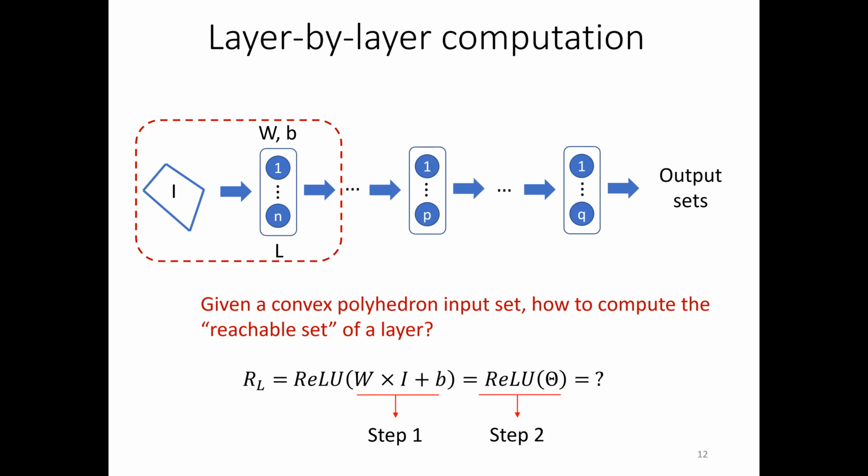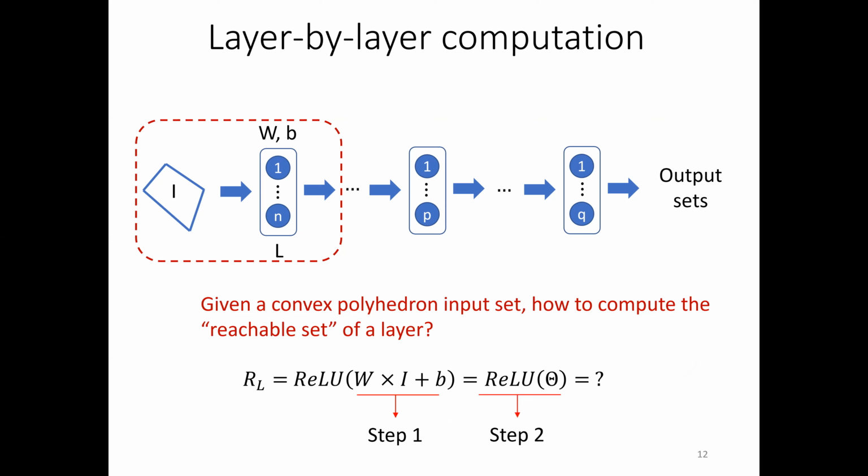I'm going to show you that a single input set, after a single layer, is going to produce a bunch of output sets, and these output sets are going to be the input sets to the next layer.